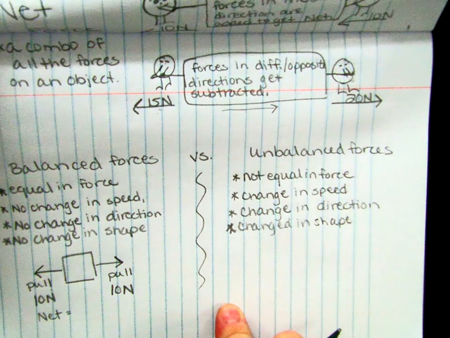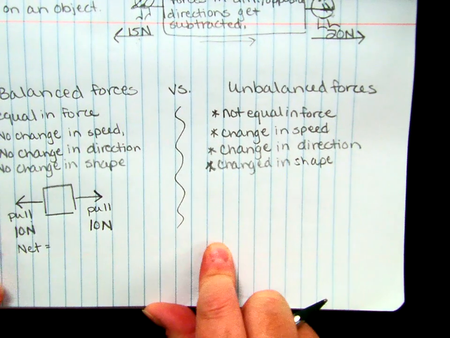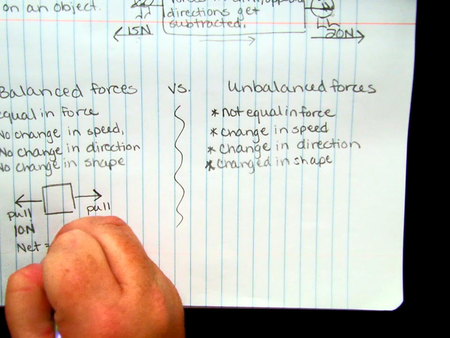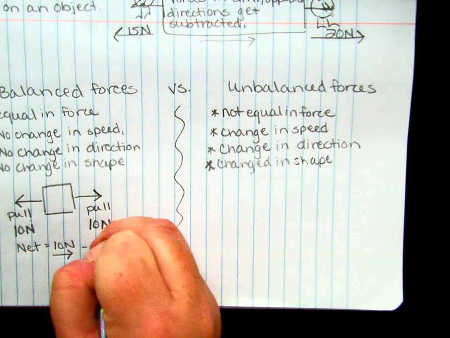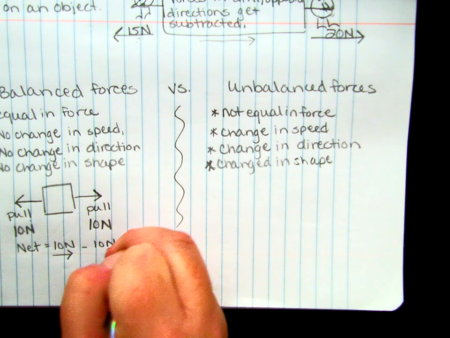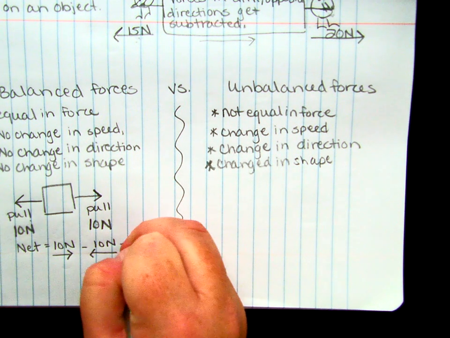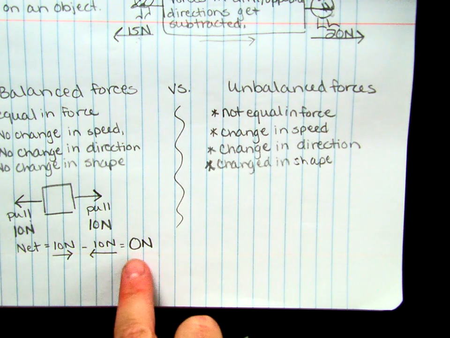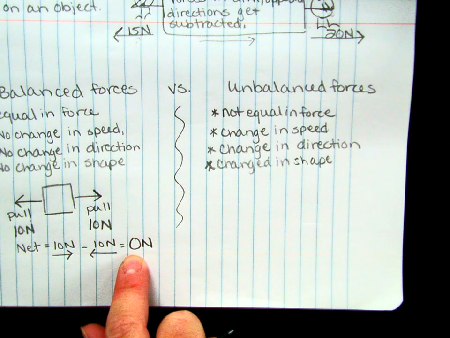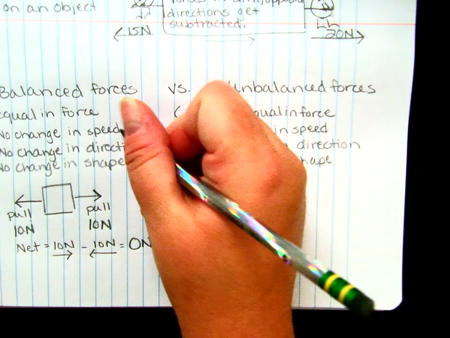So we're going to say 10 newtons to the right minus 10 newtons to the left gives us a net force of 0 newtons. And that 0 tells me we are balanced. We are not moving. There's no change in shape, speed, or direction. We are equal to each other.